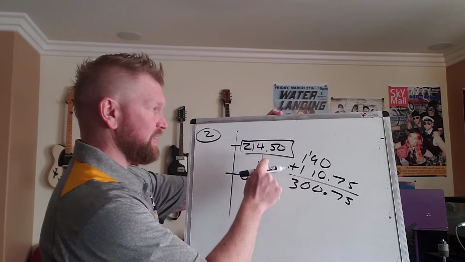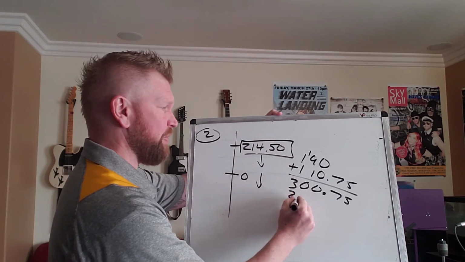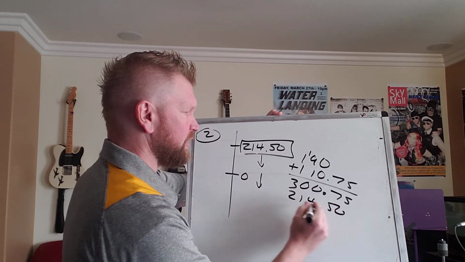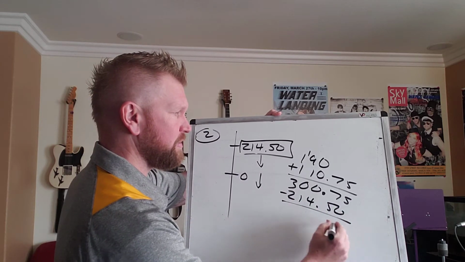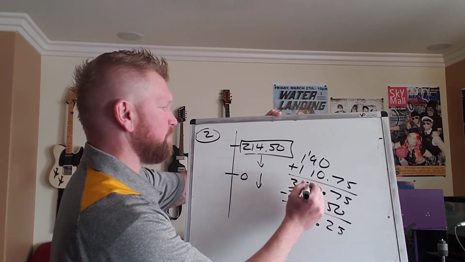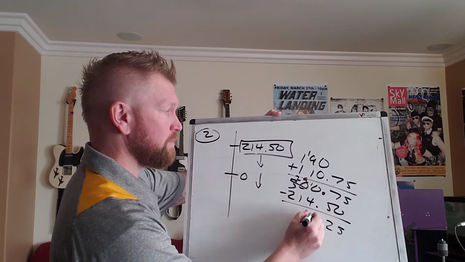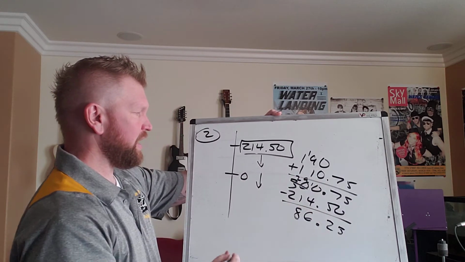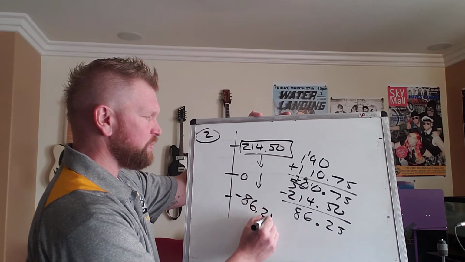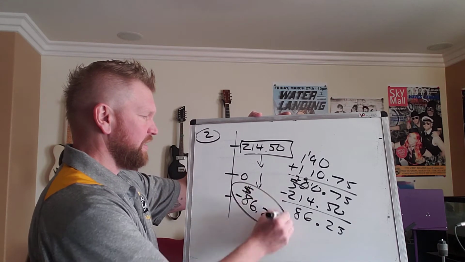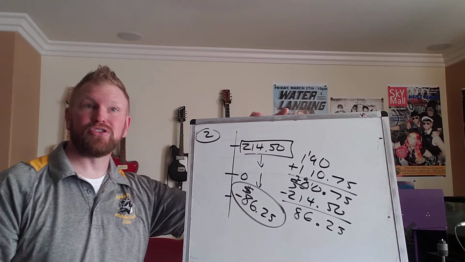Well, let's figure out the difference between these two numbers, and that will tell us how far below 0 her account is going to end up. So subtracting them to find their difference, it looks like she's going to end up at negative $86.25. All right, there's number 2.